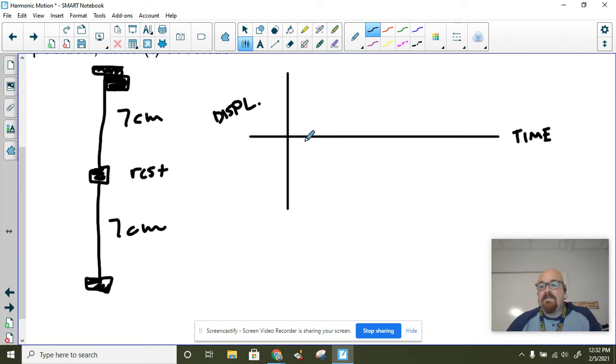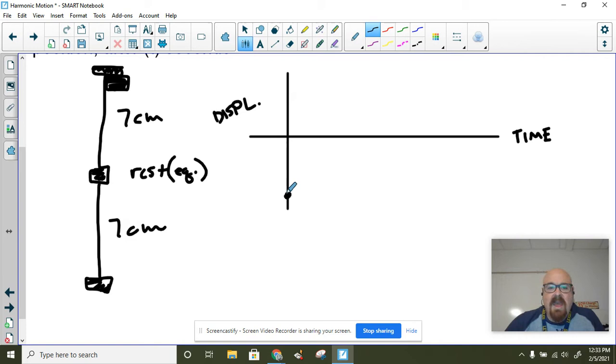So at the beginning of this trial, right, the object is 7 centimeters below its resting value, right? The resting value, this is really its equilibrium point, okay, which as we typically say, is the x-axis for a wave.